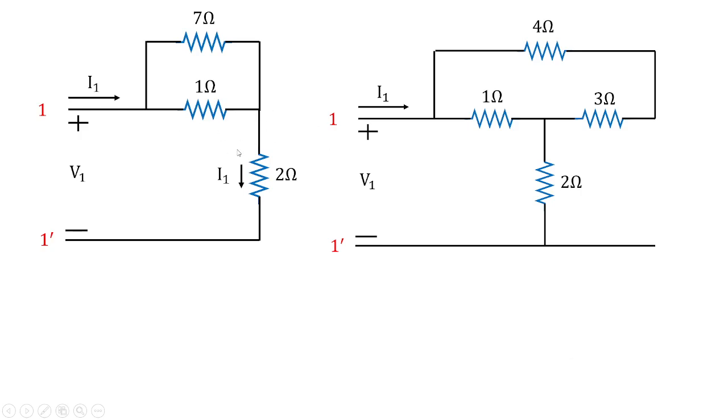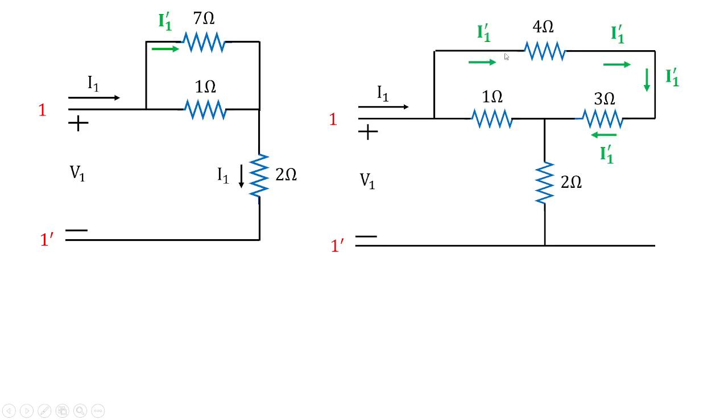Then reframing the circuit as the original circuit in this fashion, which is given here, what is our interest? To know the value of current which is flowing in 3 ohms. In fact, the same current is flowing in 4 ohms. So let us treat the current which is flowing in 7 ohms, that is in 4 ohms and 3 ohms in series, as I1 dash.